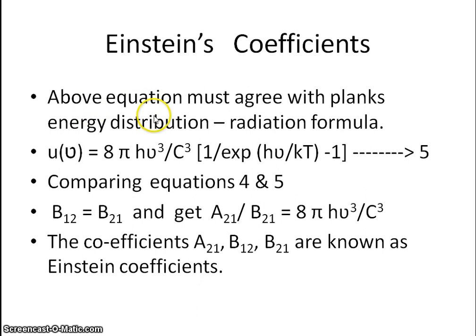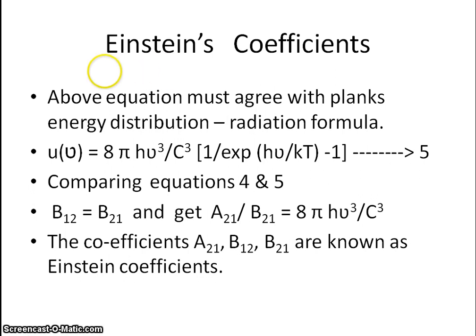Now, the above equation must agree with Planck's energy distribution radiation formula, which is U nu equal to 8 pi h nu cube by c cube into 1 divided by exponential of h nu by kT minus 1.